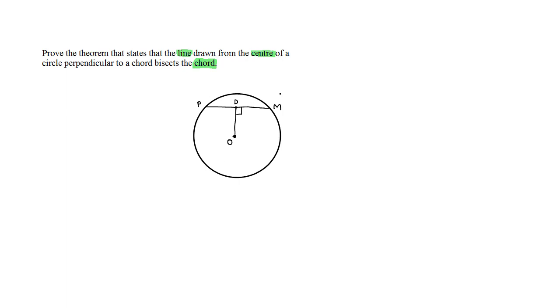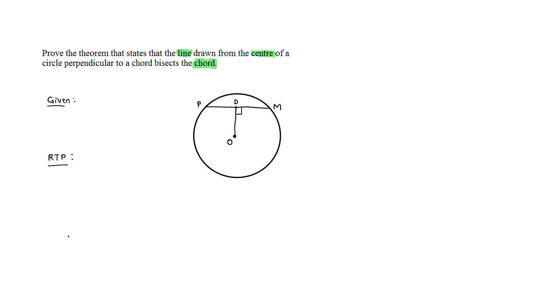The way that you would set this out in your exam is that the picture would be given to you. You would start off by saying, I am given certain pieces of information which are in place in the diagram, and then I'm required to prove something. RTP means required to prove.